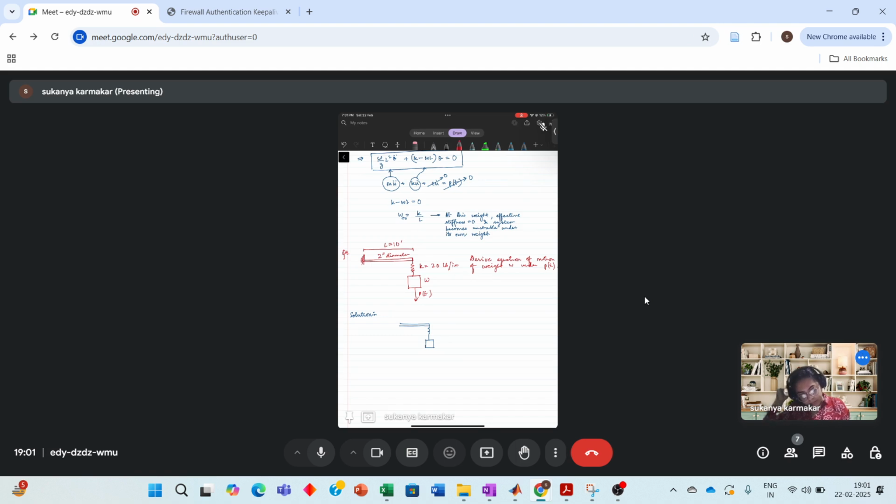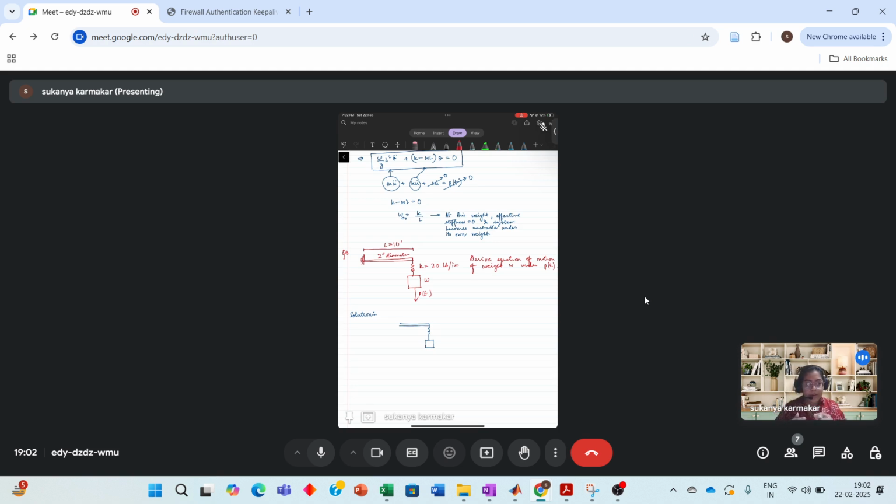Otherwise, I think I just misguided you. I just realized now. If there is no flexural deformation, no flexural stiffness, then because of this weight W, there won't be any deflection. So my entire point of giving this question will get defeated. So in that context, let's assume that the beam is rigid.